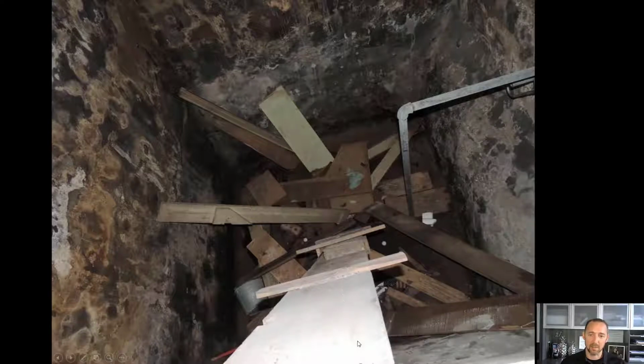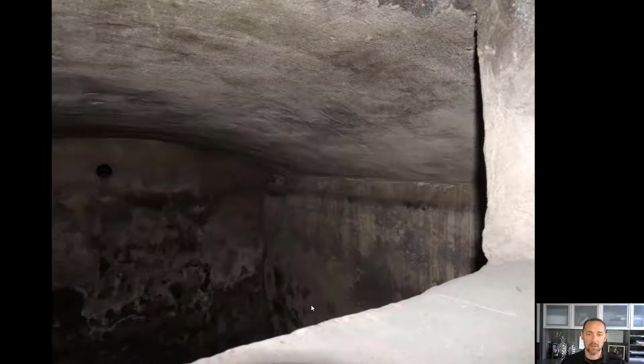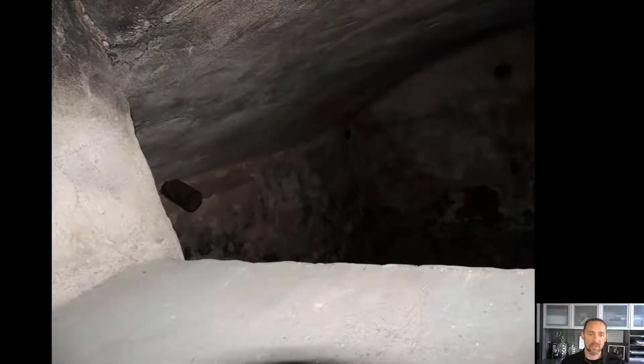It looks like someone may have put a makeshift ladder in there as well. And now it's just being used to store garbage. There's a look at the rest of the walls, with more pipes dumping in. One of these pipes is probably an overflow pipe, and from all I've read about these systems, that overflow pipe would go to a dry well somewhere in case too much rainwater is coming in.